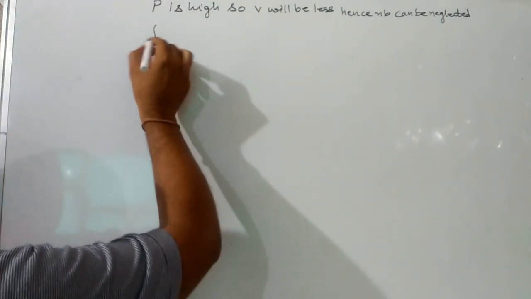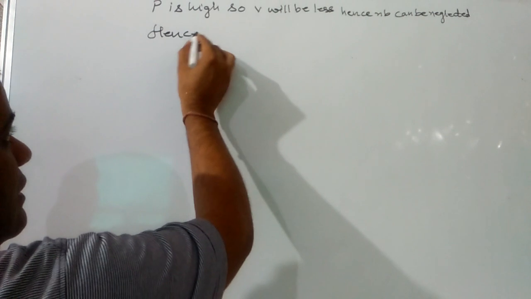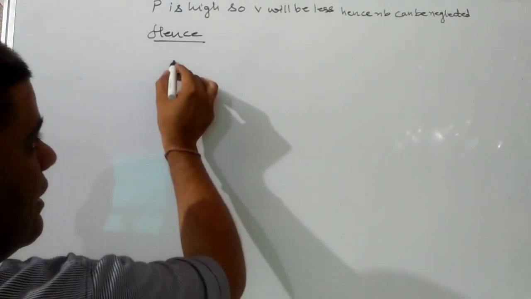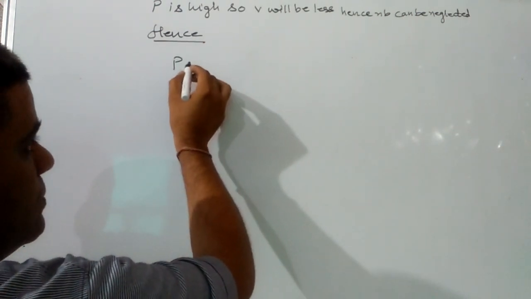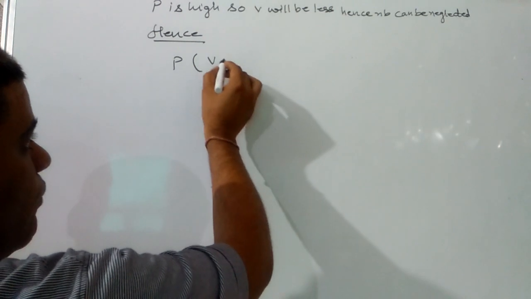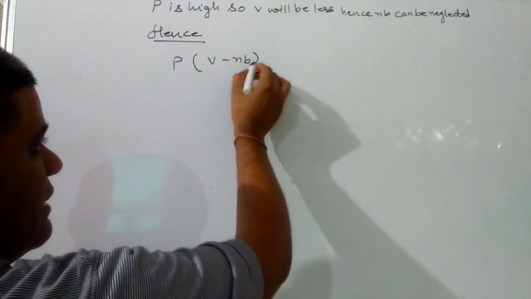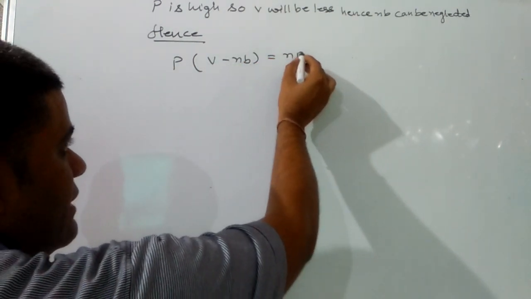Hence, the equation reduces to P into V minus nb is equal to nRT.